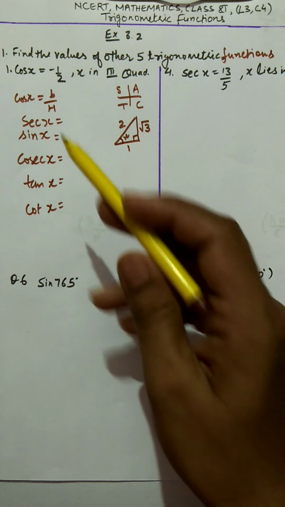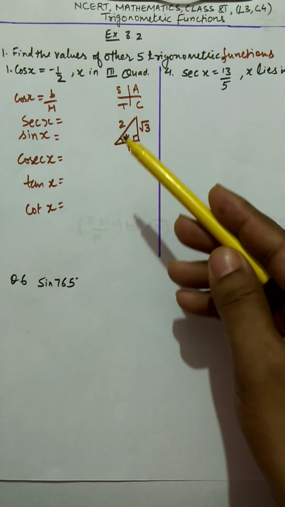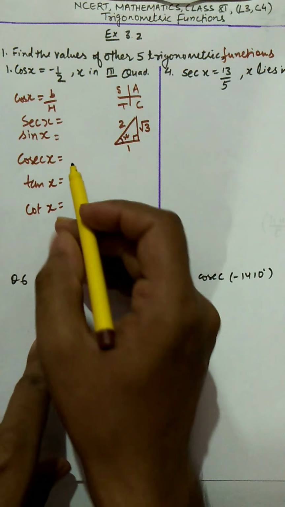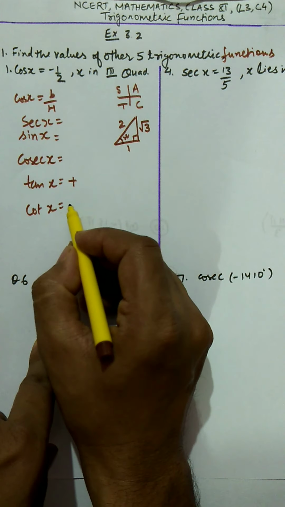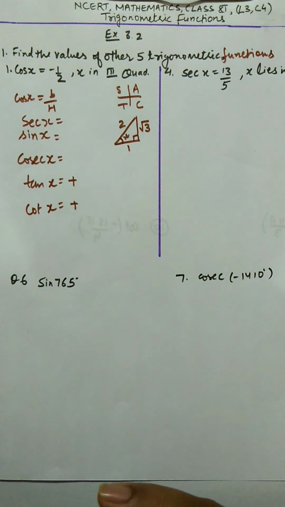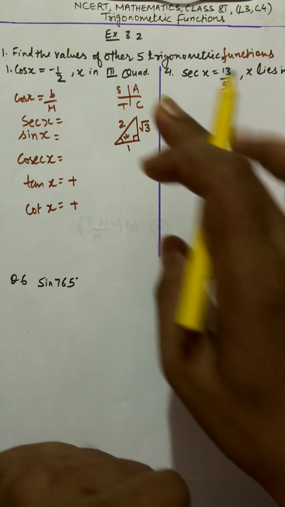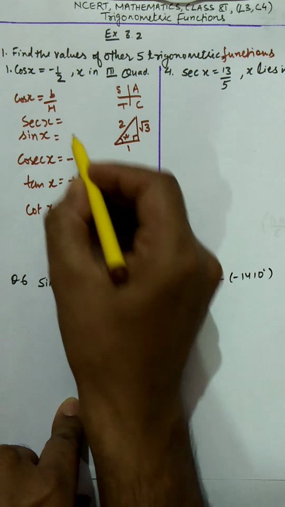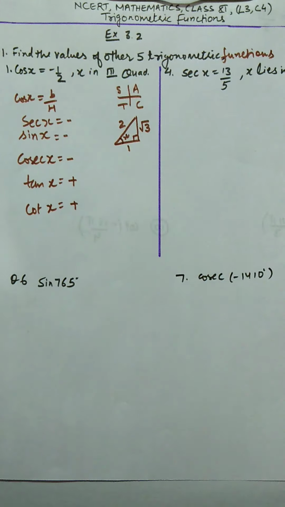First we'll decide the sign of these functions. You see only tan and cot can be positive and the rest will be negative according to this acronym. So we'll write the signs minus and plus.